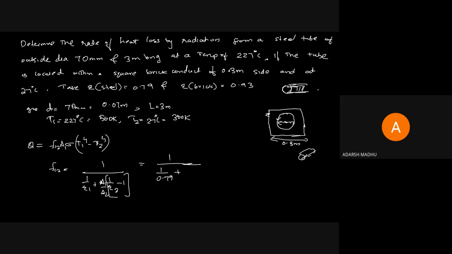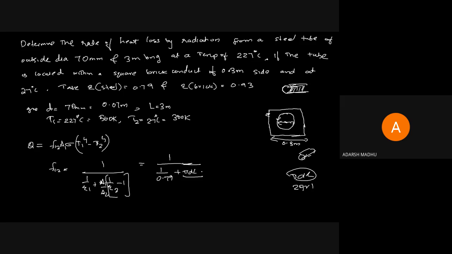We are only taking the surface area here, not the cross section area. The surface area of the cylinder is pi dl or 2 pi rl, which means 2r equal to d, so area 1 is pi dl.